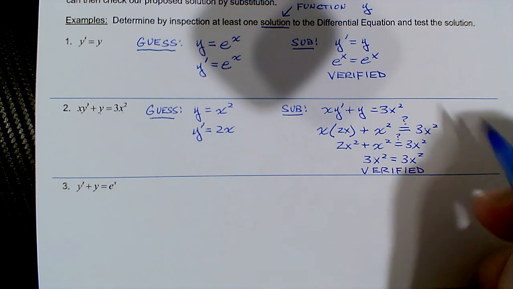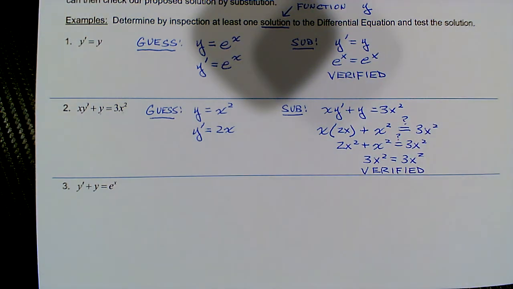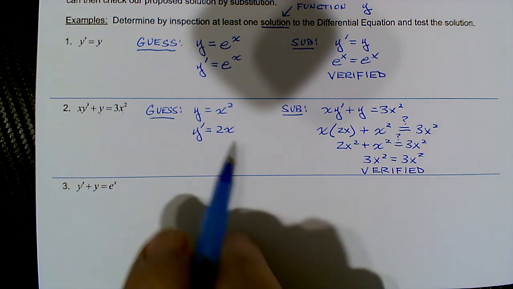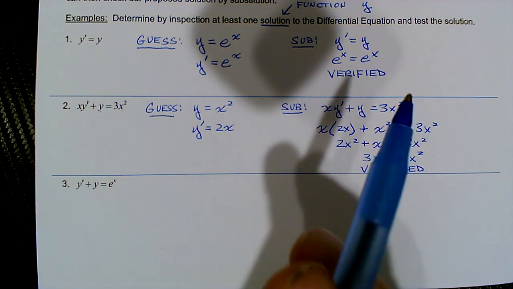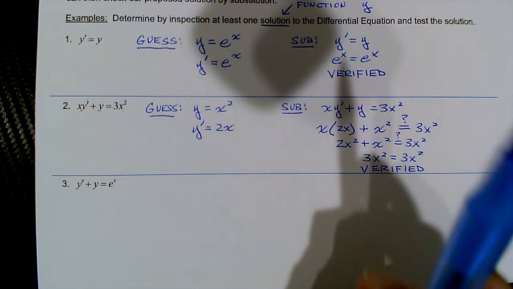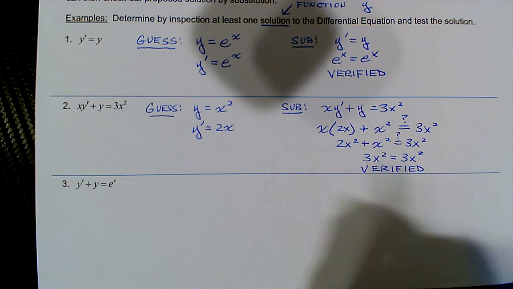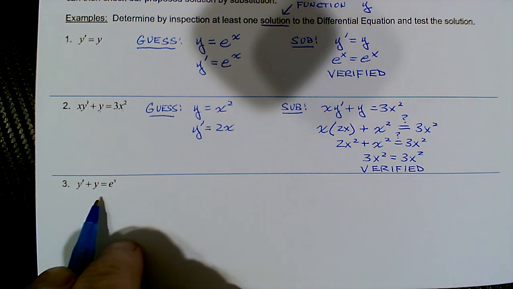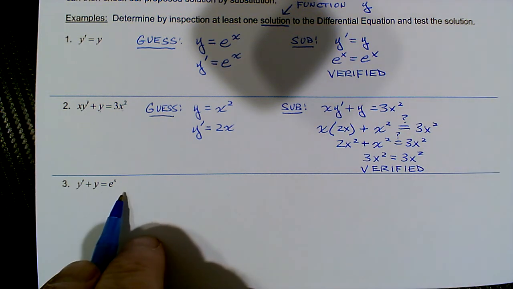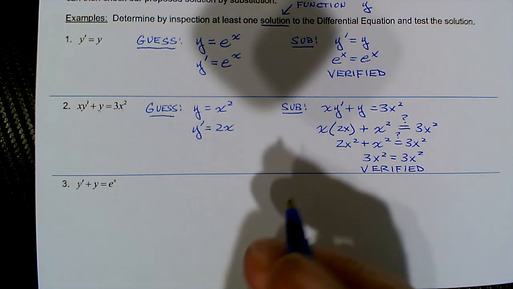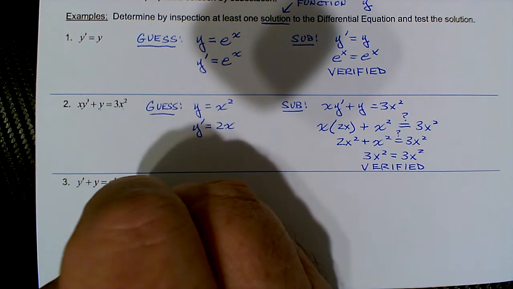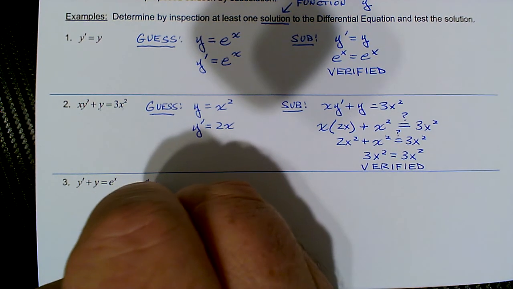Okay, and then e, you're going to notice, pops up quite a bit in differential equations. And here, if we take y prime plus y, we have to get e to the x. I'm going to have to make a guess and say it's e to the x. But if I guess at e to the x here, y prime is e to the x.